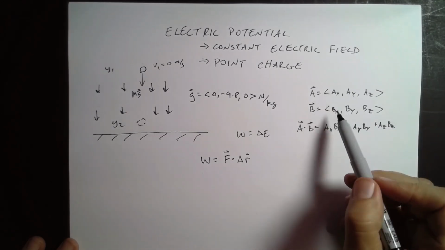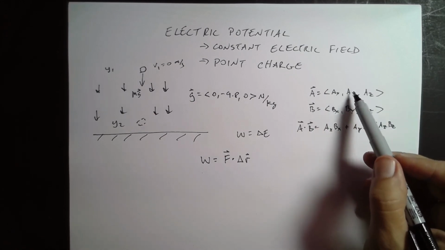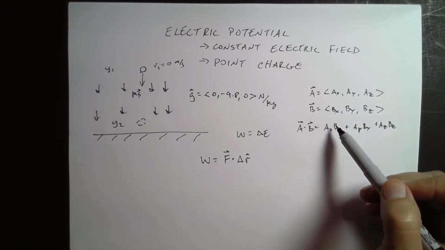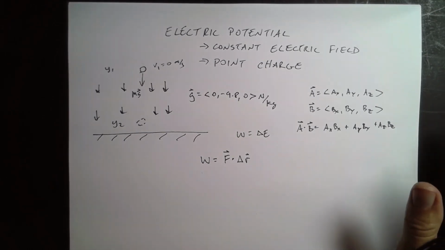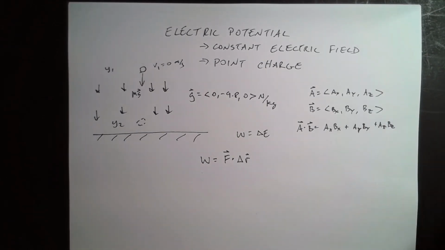So you take the X components, you multiply them together, and the Y components, you multiply them together, and then add that to the Z components multiplied together. If it's two dimensions, if the Z components are 0, it just makes it easier.